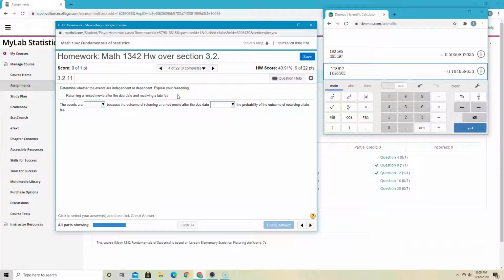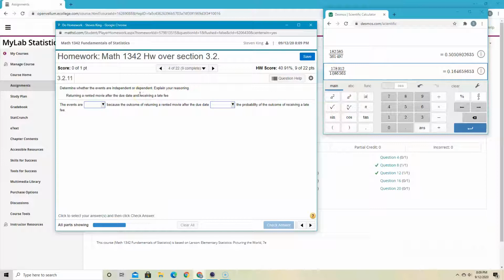So, is this second event impacted by this event? Another way to say it is, is it impacted or influenced?